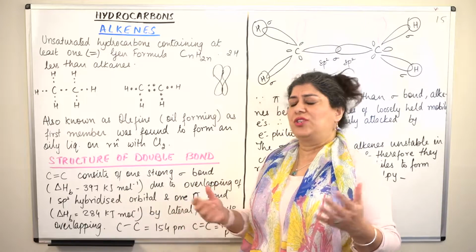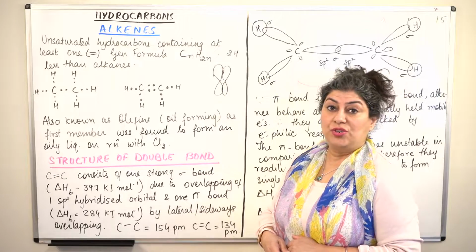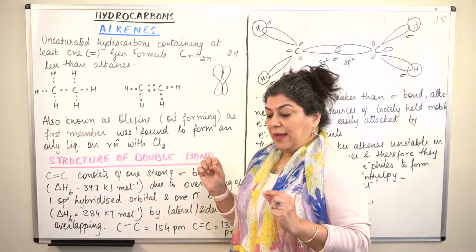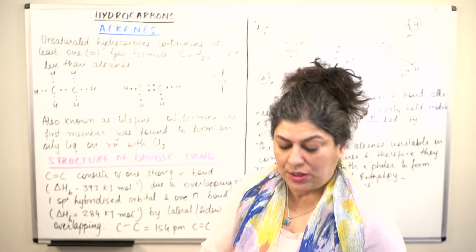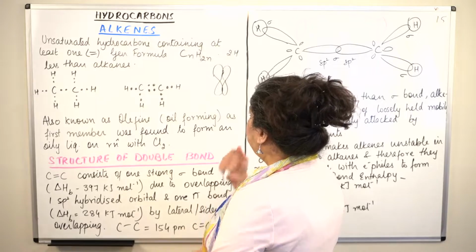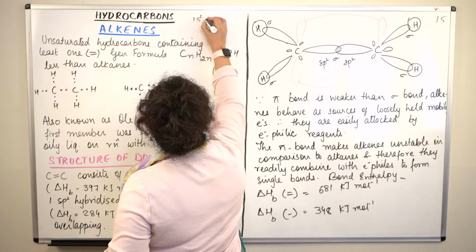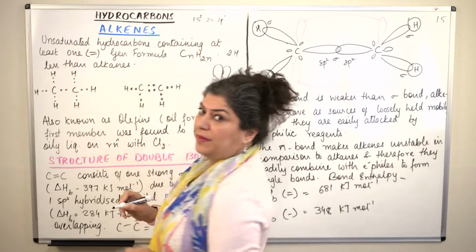Now, what is the structure of the double bond? In order to understand the structure of the double bond, we again have to go back to the hybridization. What is the electronic configuration of carbon? Carbon is 1s2, 2s2 and 2p2, right?